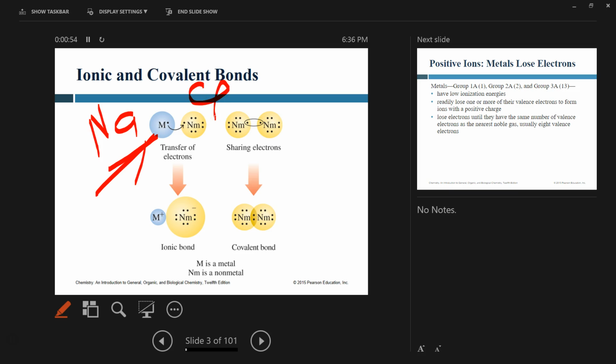When sodium loses the electron, it will become Na+. When chlorine gains the electron, it will become Cl-. Does that make sense to you? That's ionic bond. You have plus and minus and they attract. Ionic bonds are incredibly strong.